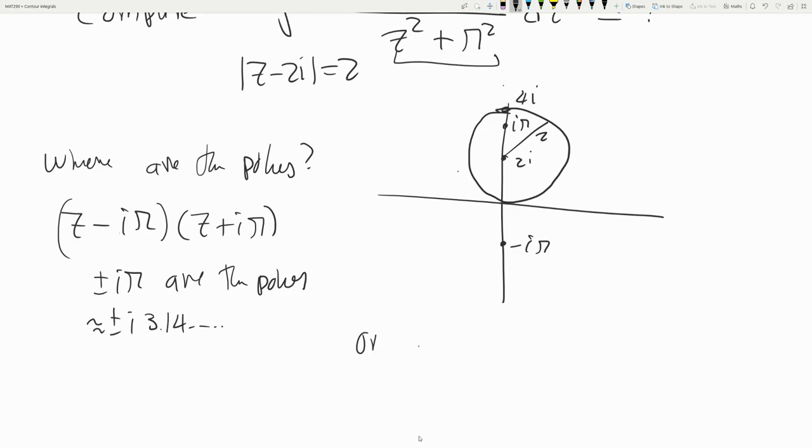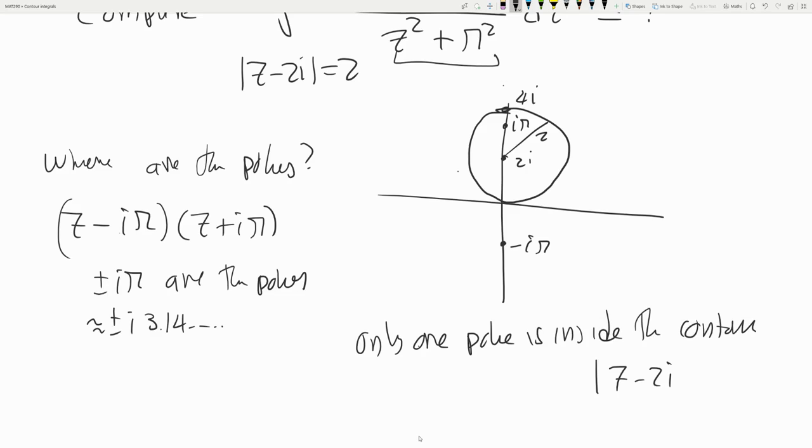So only one pole is inside the contour, since the contour is |z minus 2i| less than 2. Okay, all right.